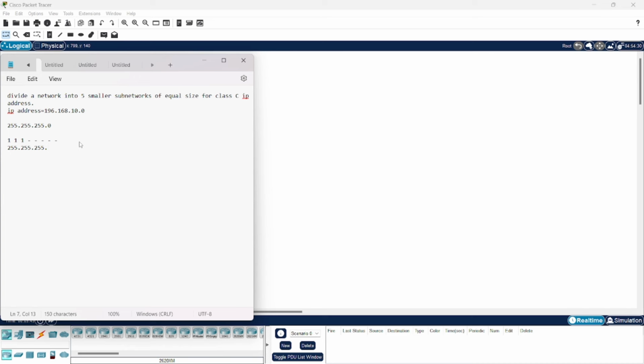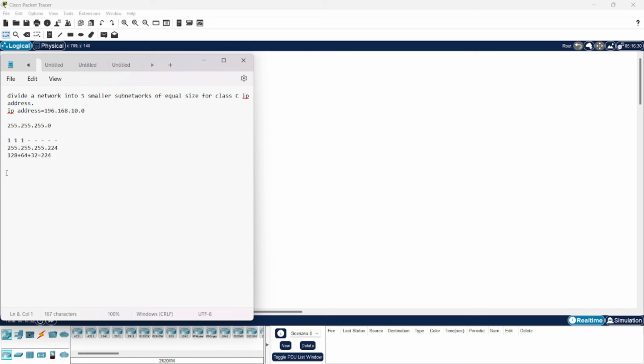For the last octet, we will find 2 raised to the power 7, that is 128, plus 64 plus 32, which makes it 224. So now this is the new subnet mask for all the connections in this question.